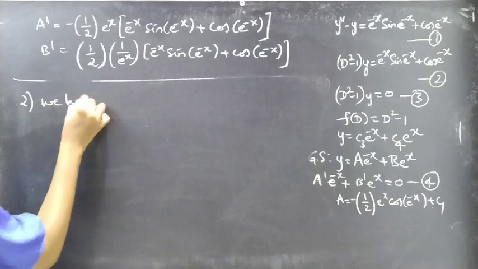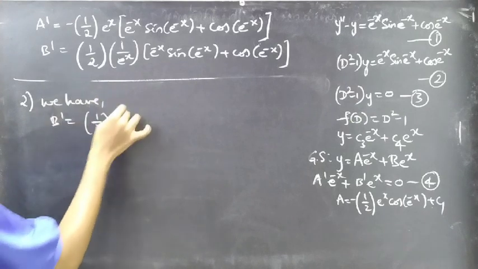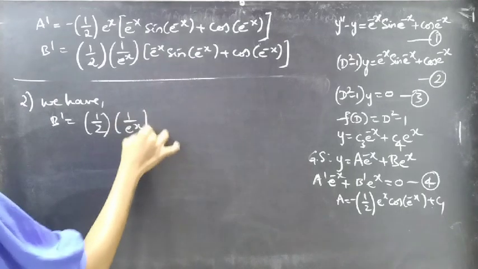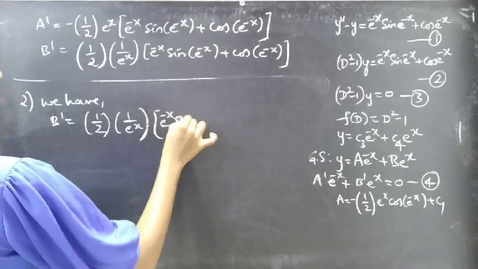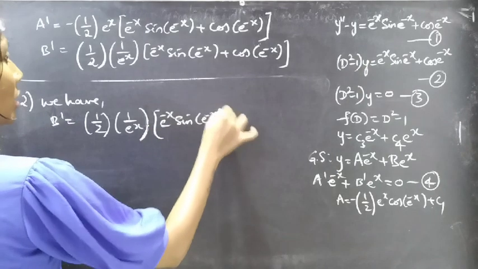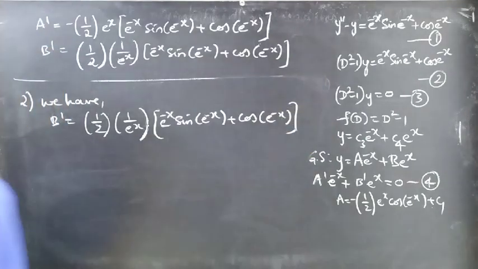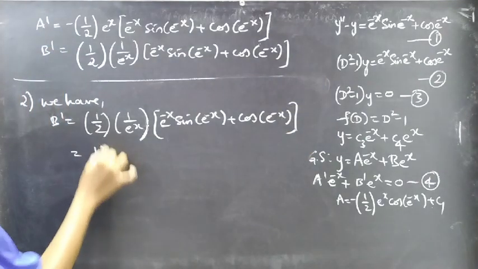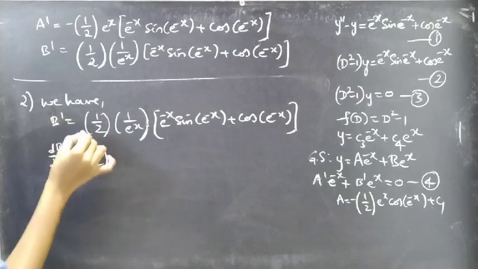We have B', which equals 1/2 into 1/e^x into (e^(-x) sin(e^(-x)) + cos(e^(-x))), right? B' is nothing but the derivative of B with respect to x.